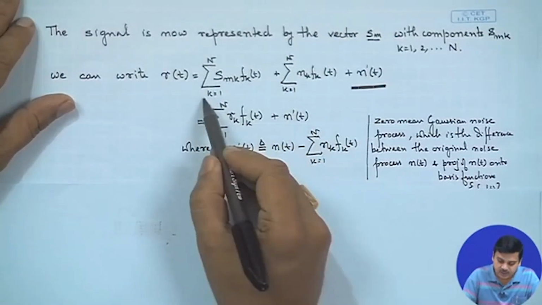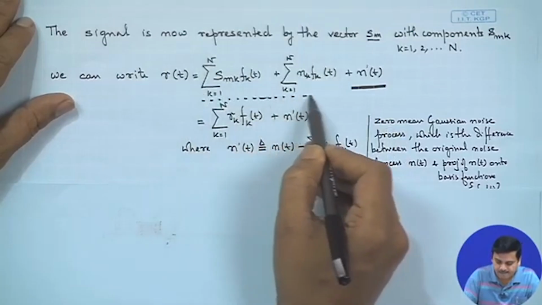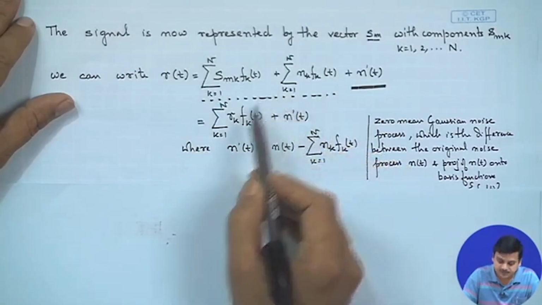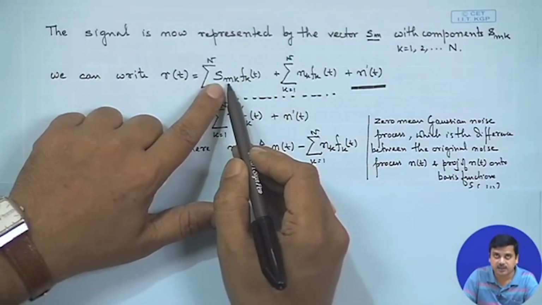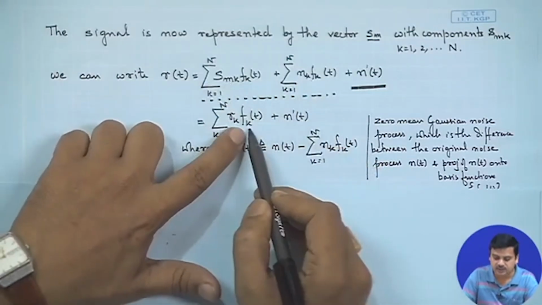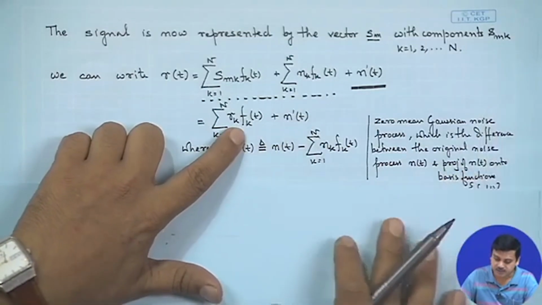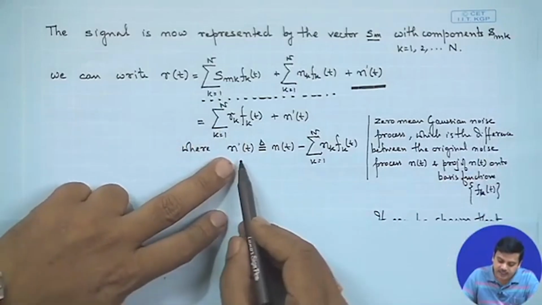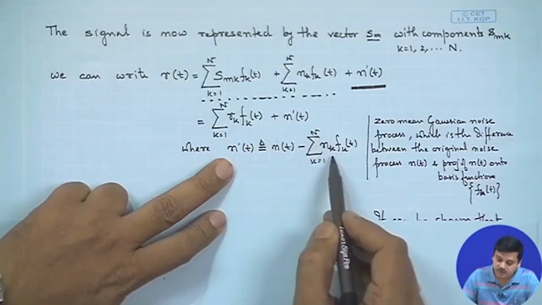So, this particular part is r k f k, because this is the signal and the noise received in the signal space, and some amount of noise which is outside the signal space. So, n prime of t is defined as the extra noise which is not in the signal space.